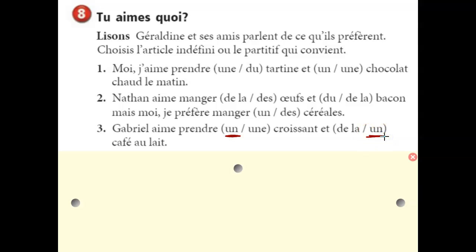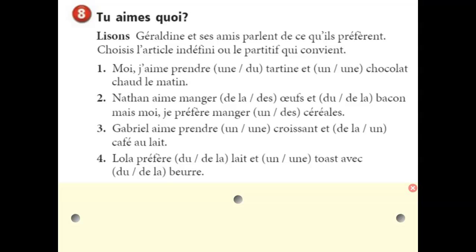Et un café au lait. We have to choose un here because café is also masculine, and for that reason, de la doesn't work. That's not an option because we can only use that in front of feminine food items. So our sentence is Gabriel aime prendre un croissant et un café au lait, which means Gabriel likes to have a croissant and a coffee with milk.